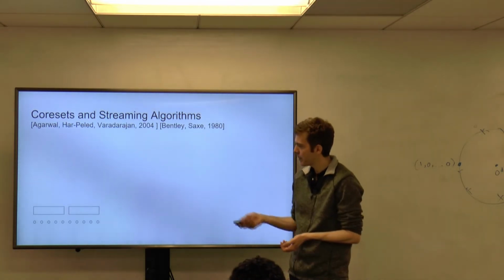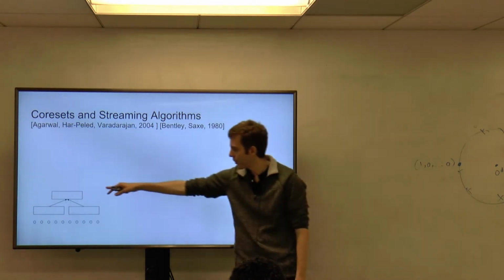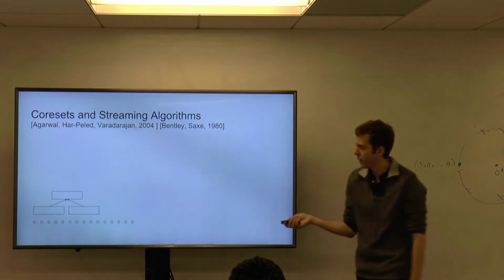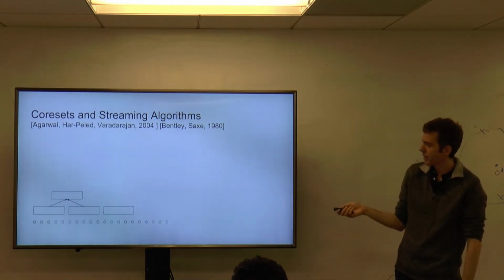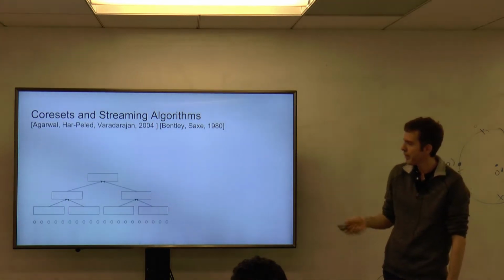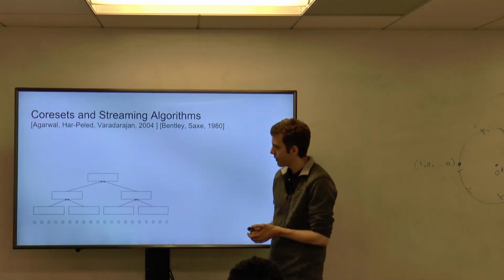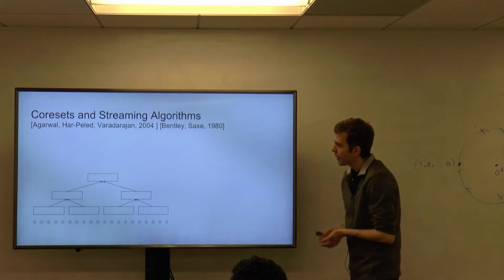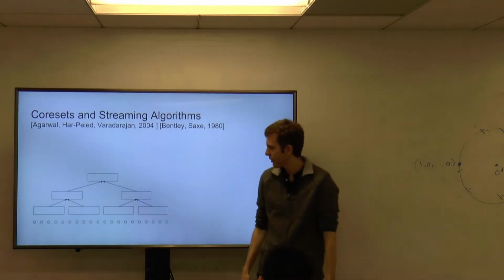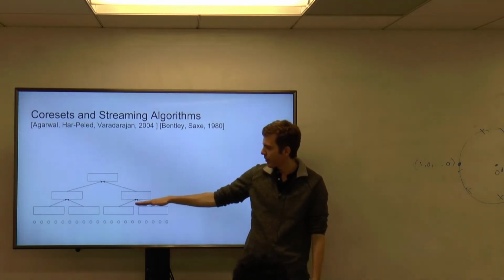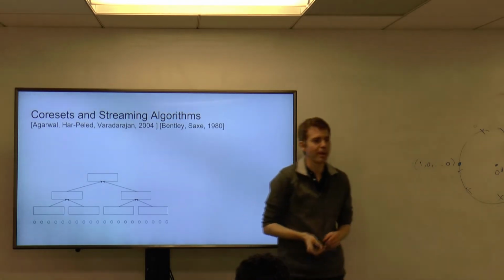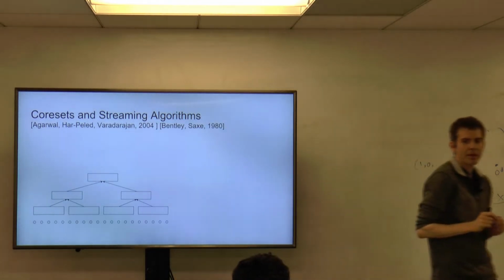By this composability property, I can compute a coreset of the coresets, and so on. The nice thing about this approach, which is called the merge and reduce framework, is that my memory is just the size of a coreset times the depth of the tree. I maintain at most one coreset per level of the tree.